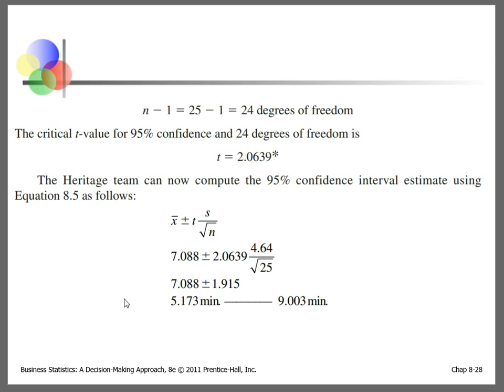Therefore, based on the random sample of 25 calls and with 95% confidence, the Heritage software team has estimated the true average time per call to be 5.173 minutes to 9.003 minutes.